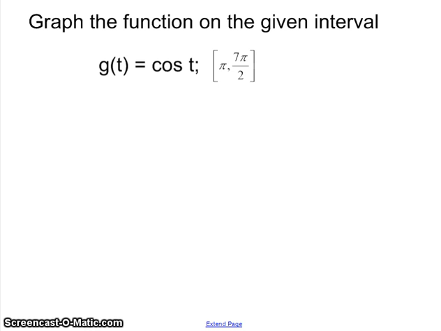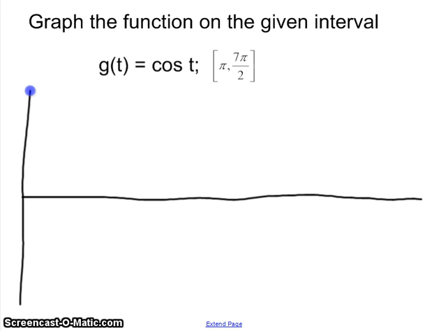I'm going to graph my axes. Now, again, the interval over which I'm being asked to graph is all positive. So I can put my y-axis all the way on the left. 7 pi over 2 is my right end. 7 divided by 2 is 3.5, so it's a little bit bigger than 3 pi.